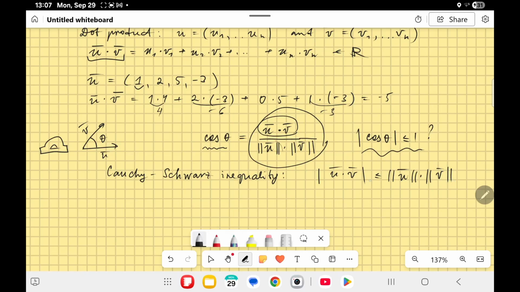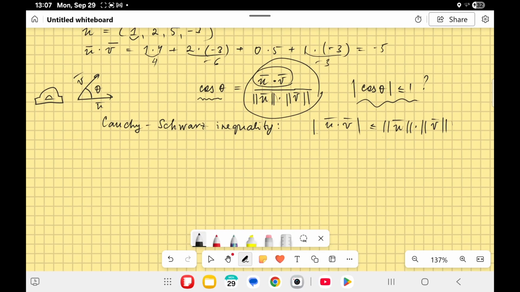Now, if we divide this statement by the norm of u and the norm of v, we are going to figure out that the dot product divided by the norms of u and v is less than or equal to 1 by absolute value, which means that we can define this as a cosine. Again, the cosine here is not going to define any kind of real angle, because for more than 3 dimensions it's kind of hard to say what the angle is.